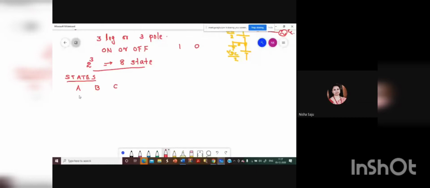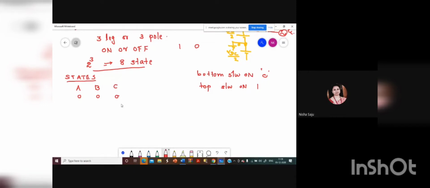Because when the bottom switch is on, you will be having 0 representation. If the top switch is on, that indicates 1.